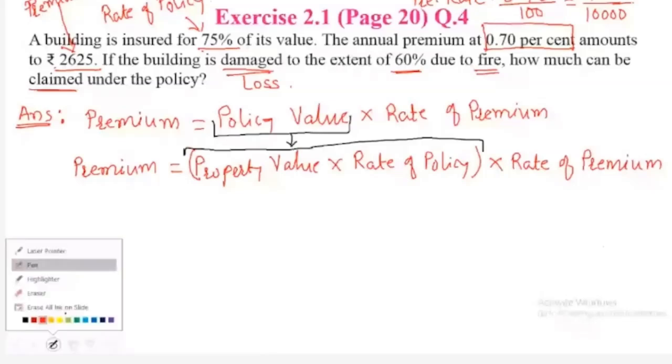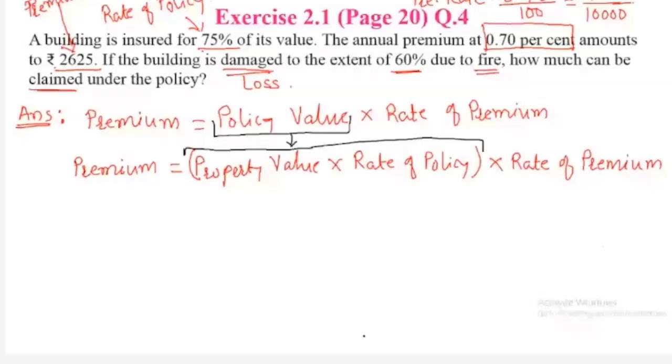Now, dear student, tell me what you know from this formula. Do you know premium? Yes, you can do it in two different steps. I'm not doing it. Premium, yes, we know premium. Do you know property value? No. Do you know rate of policy?